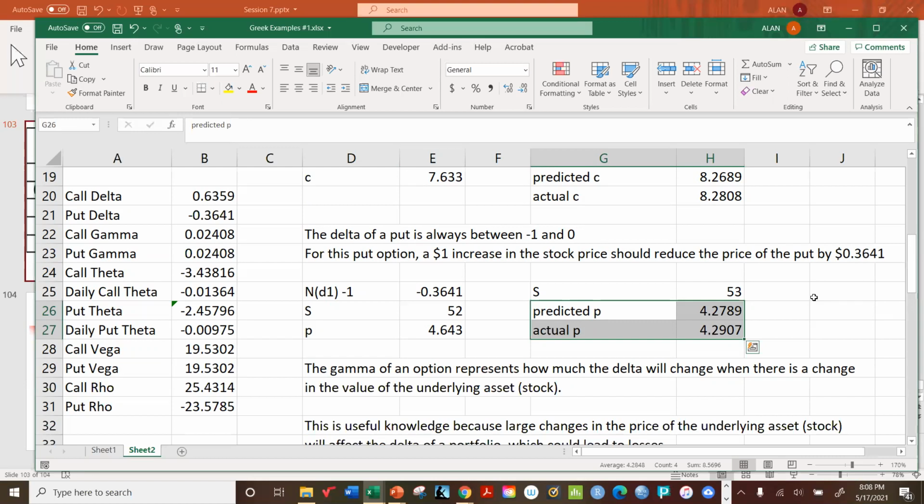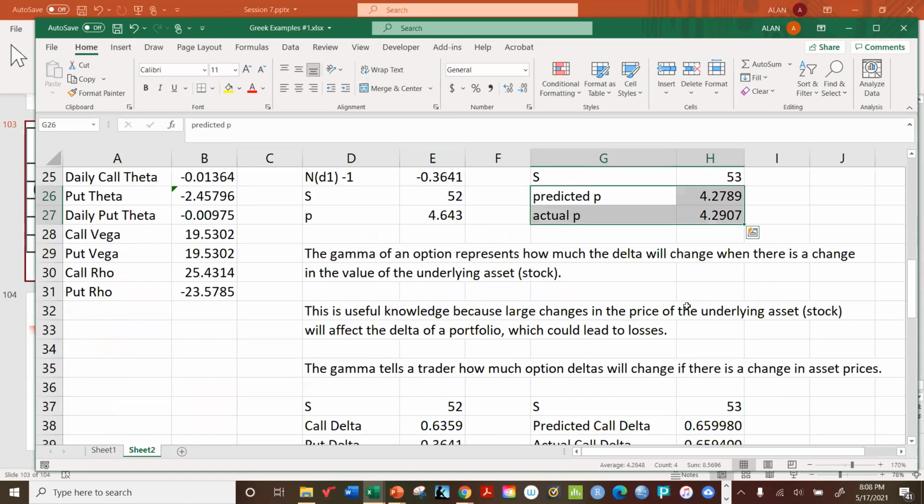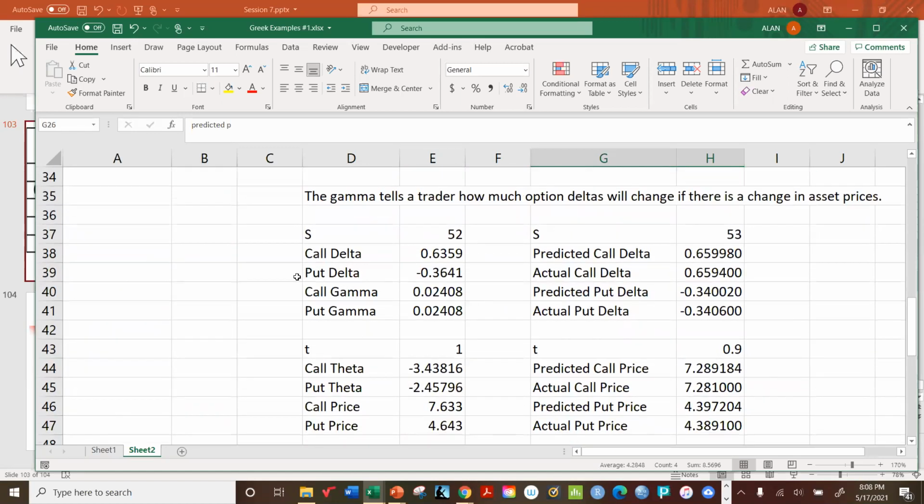Oh, it's less than 1%. It's a fraction, like 0.2% difference. So that's pretty impressive. Anyway, I did the same thing for all the other ones.